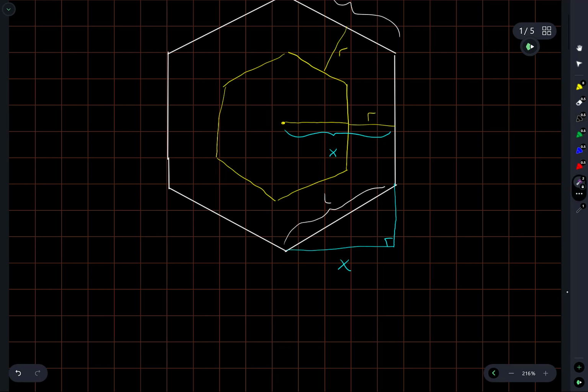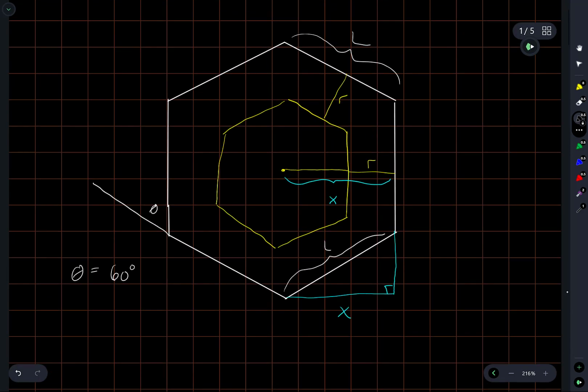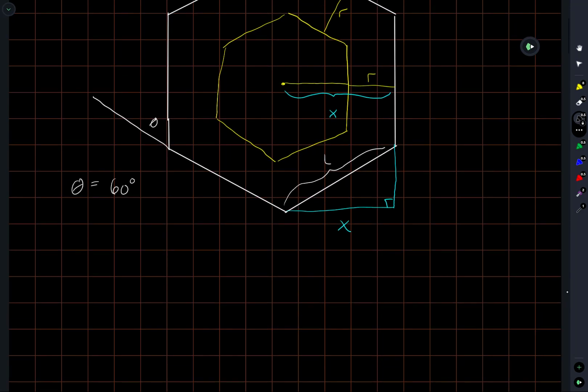What is this angle of the hexagon? Let me think. Okay, well, let's do a little other impromptu geometry here. That's theta. Theta is equal to 60 degrees because it's 6 turns of 60 degrees to get all the way around.